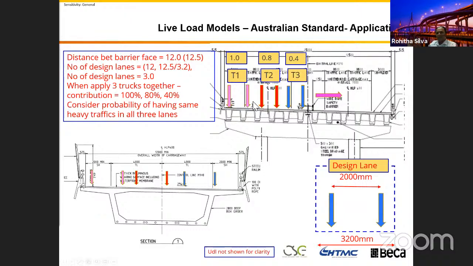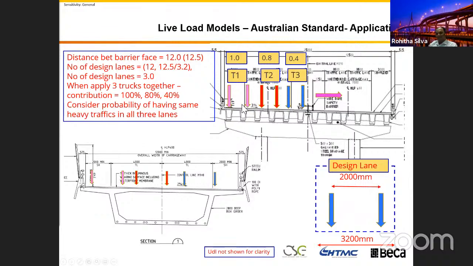And then even if you have 2 design vehicles or M1600 go together, you don't want to use 1 and 1. You use only 80% of that weight in your design. If you combine 3 trucks together, you use only 40% of the M1600 weight to get the effect on the bridge. If you go beyond 3, it's all 40%.